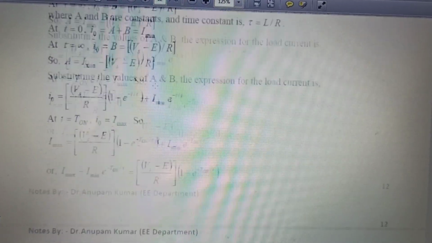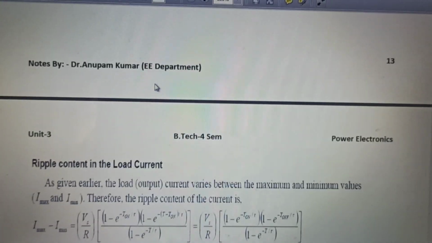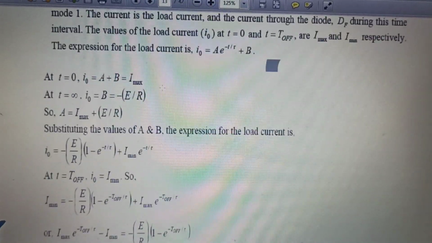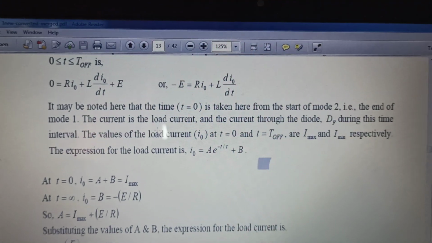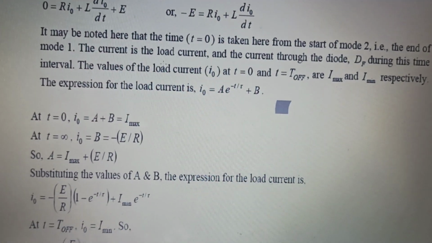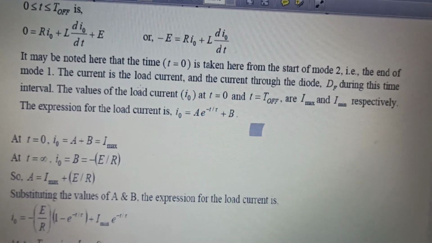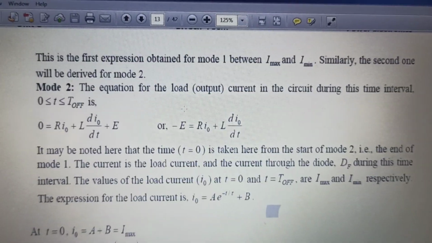Before moving on, I will discuss all the modes. Just have a look at this. At time t equals 0, we will take i naught to be I max because it is at its maximum value.